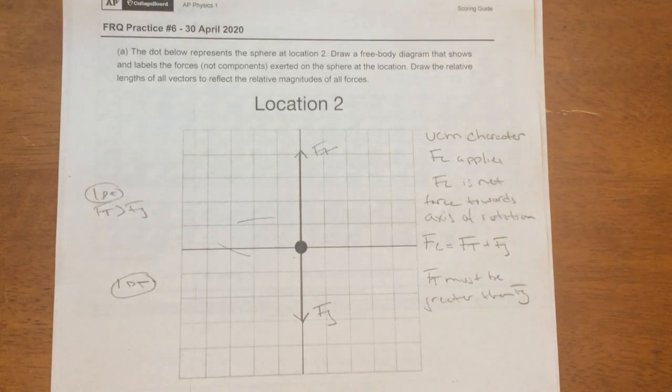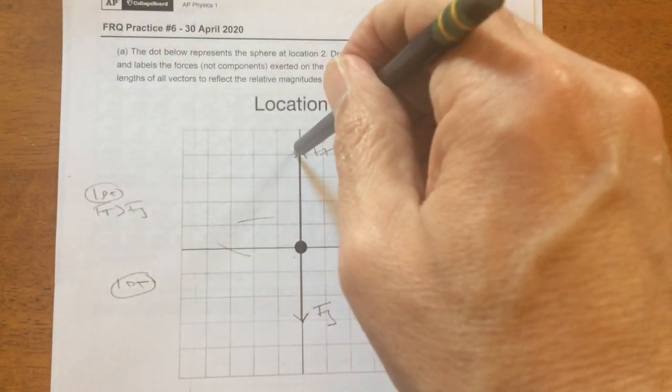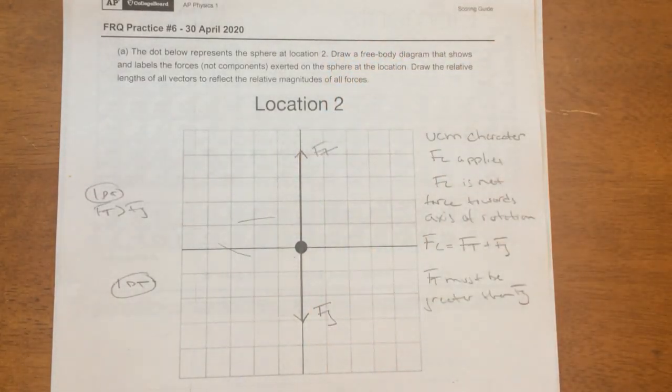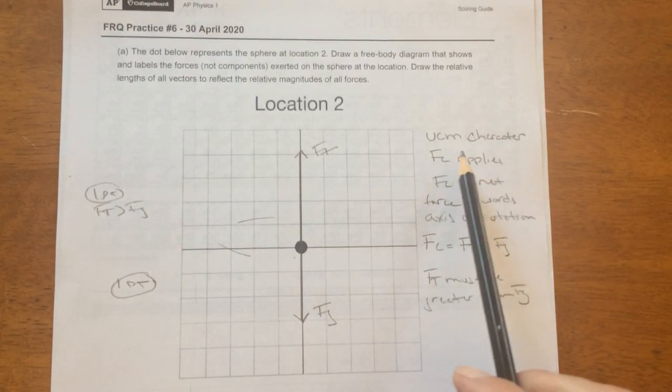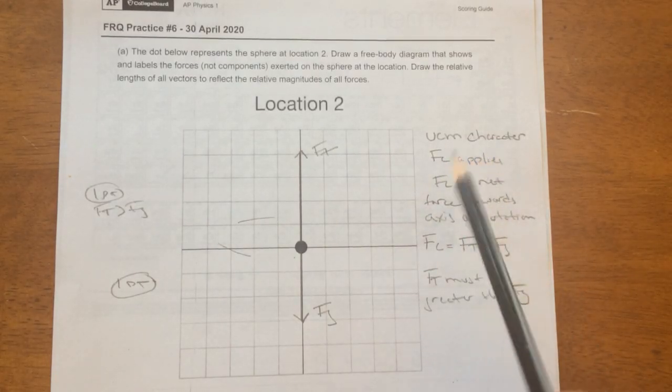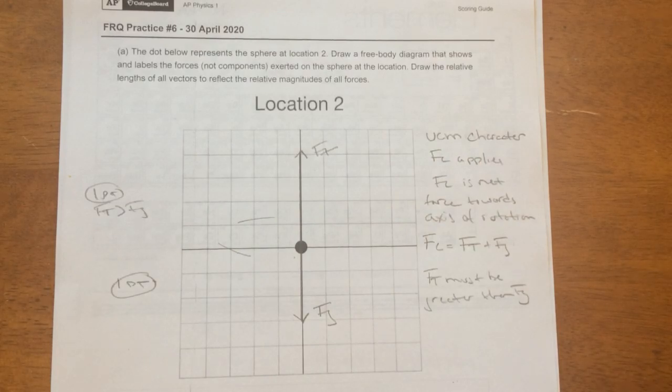If the pendulum bob was at rest, your forces would be balanced. But it's moving, and even though the velocity is changing, so it's not technically uniform circular motion, you've got a UCM-type character to this motion, and centripetal force applies.